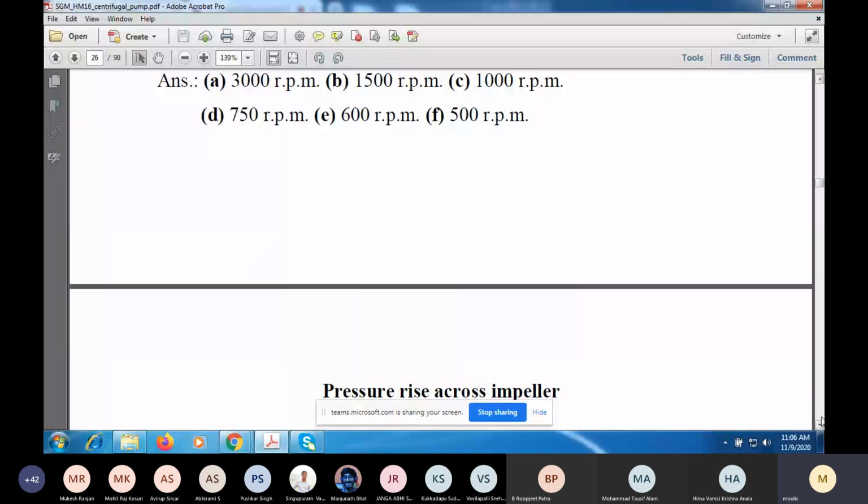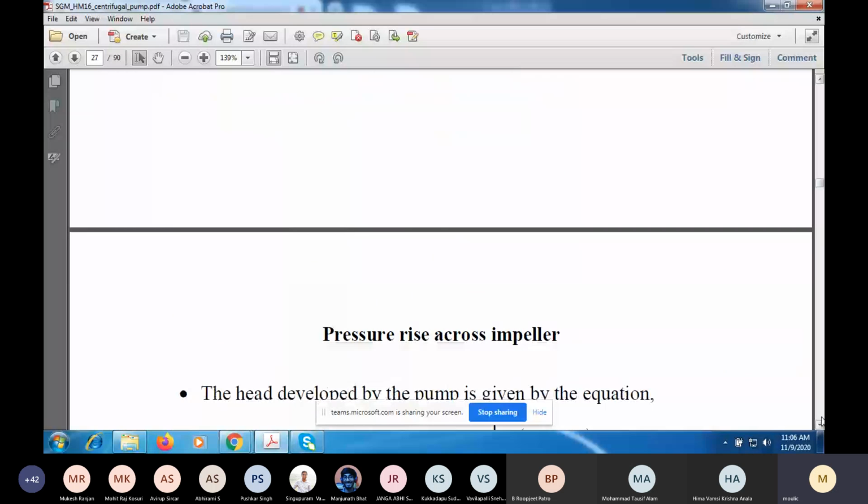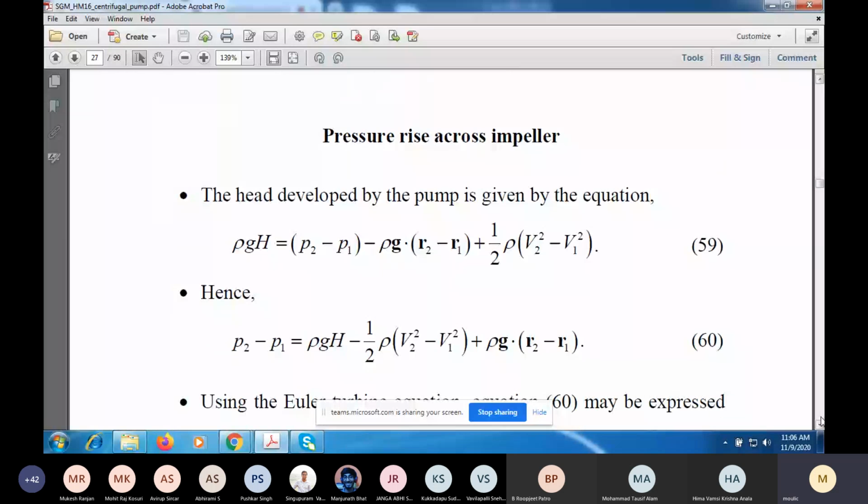Now you may want to know what is the pressure rise across the impeller. Well, one way to get it is, we have already found what is the head. So rho g times head is the difference of the pressure, potential energy, and the kinetic energy. H is the sum of pressure energy and potential energy in units of length, and this H is the difference of H between the outlet and inlet.